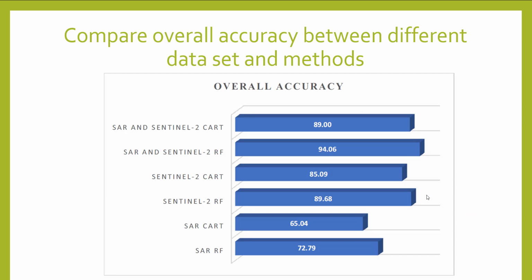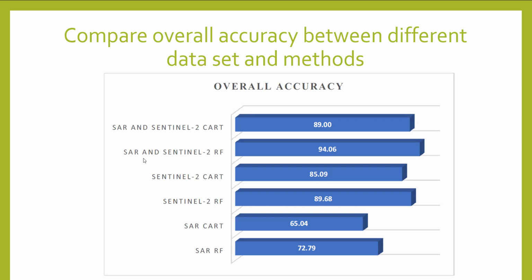In this slide, we compare overall accuracy between different methods. This comparison is crucial for evaluating the effectiveness of our approach and determining the most accurate classification method for crop classification. SAR random forest 72.7, SAR from CART method only 65%, Sentinel-2 random forest 89%, and Sentinel-2 CART 85%.